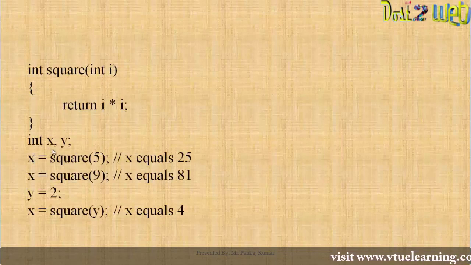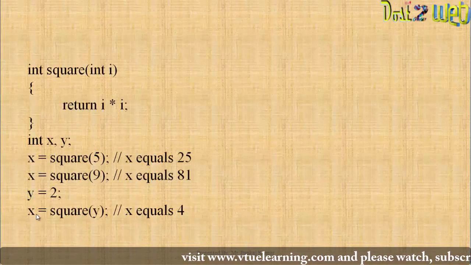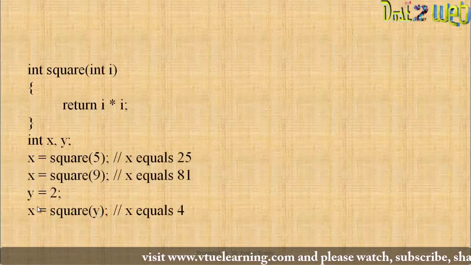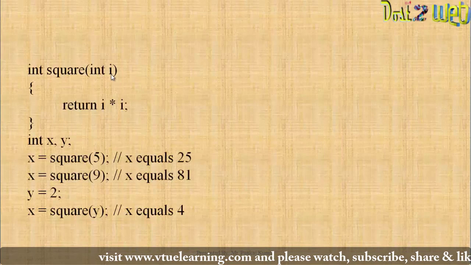Here you have just declared x is equal to square 5, x is equal to square 9. So x will become 25. Here i will be a reference to 5, and next i will reference 9. Now here we changed y is equal to 2, so x is equal to square of 2. So y will be passed here as 2, and this 2 will be passed as i.